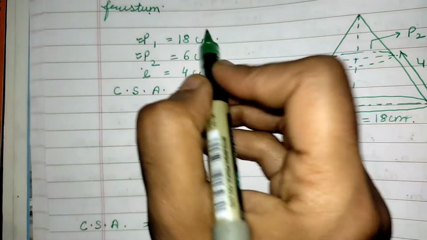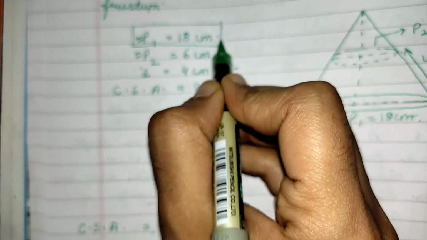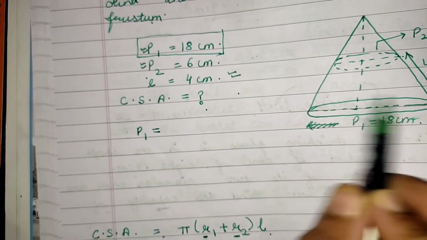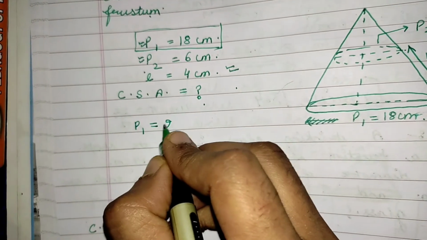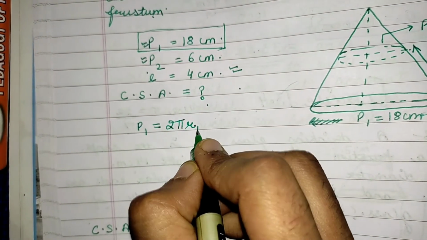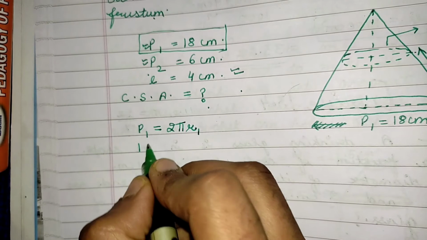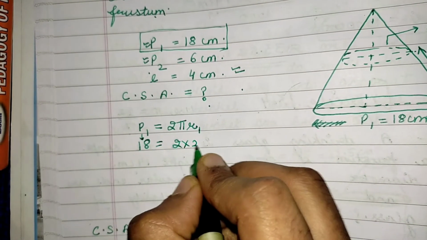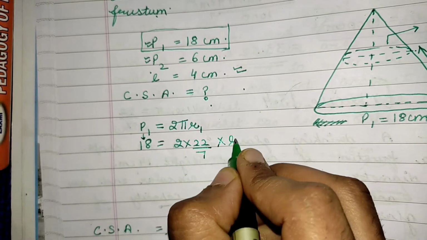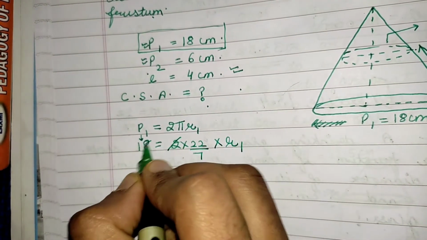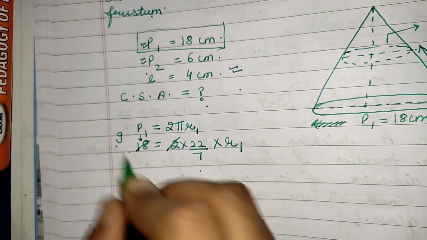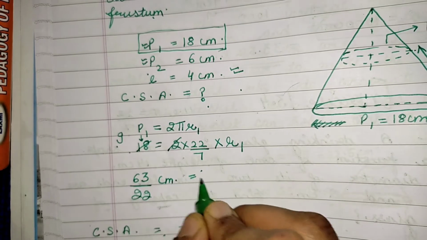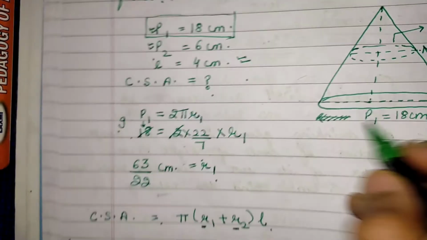We can find out R1 and R2 from the values of perimeter. The perimeter of a circular base is given by 2 pi R1. So if I put P1 is equal to 18, pi is equal to 22 by 7 into R1, so this one will become 9. 9 into 7 will be 63 by 2 centimeter, which will be my R1.